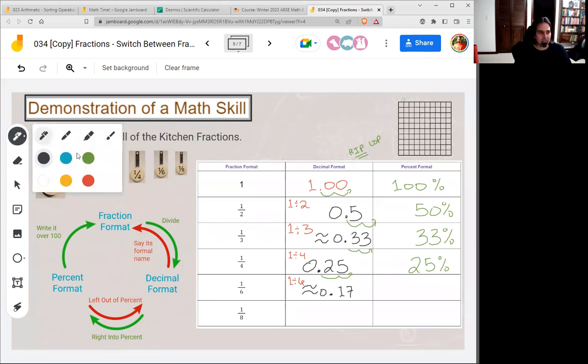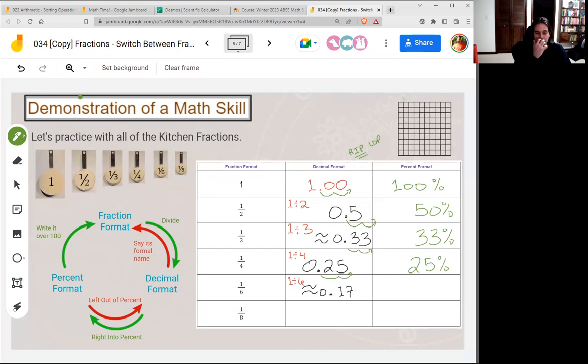What's the percent going to be? Seventeen percent.